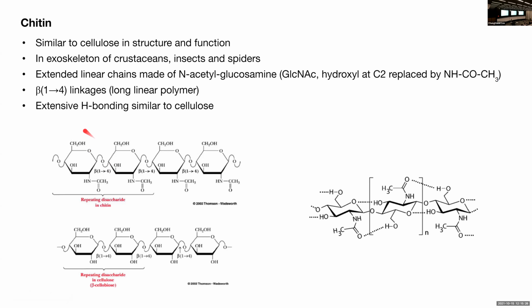It has beta 1 to 4 linkages, so it's going to be a really long linear structure without any branches, but with extensive hydrogen bonding, similar to cellulose. Here's an example of intramolecular hydrogen bonding, where here's an O and here's an H. They're having the H bonding.